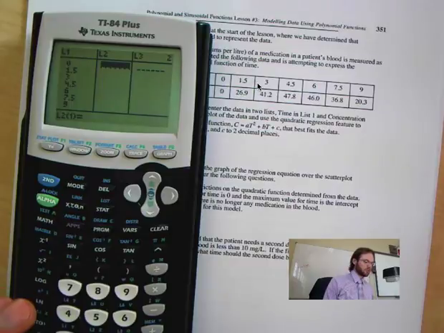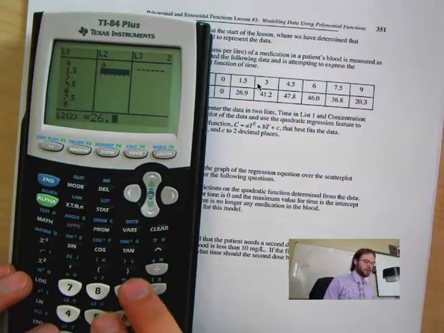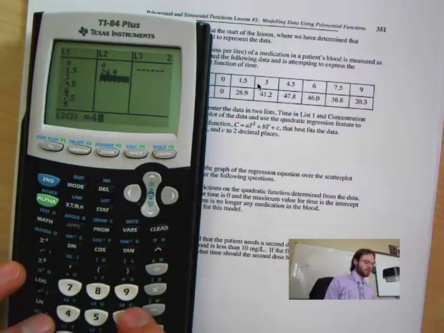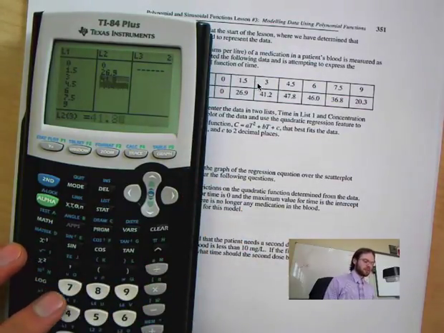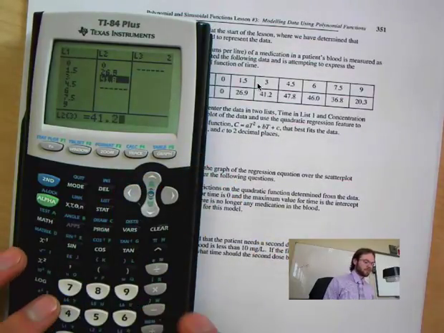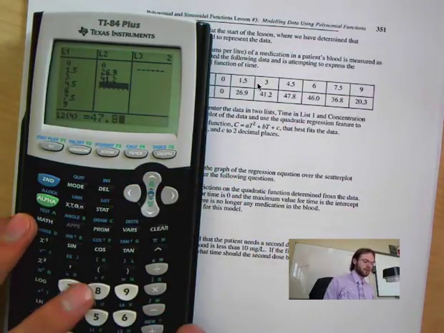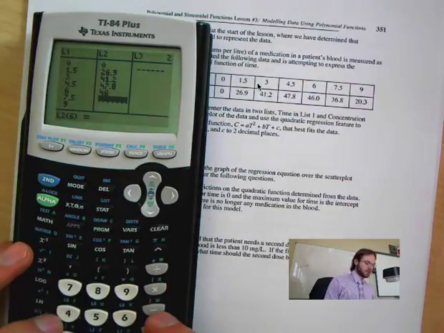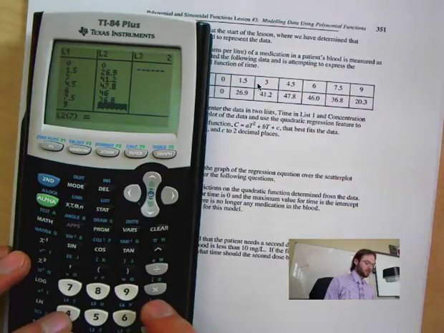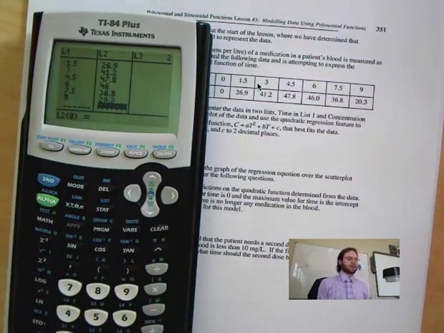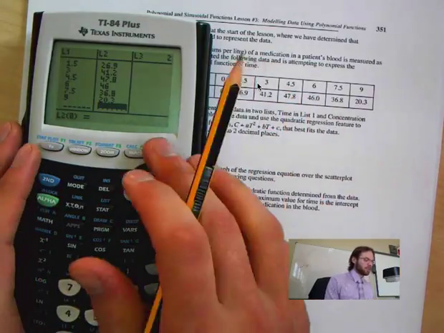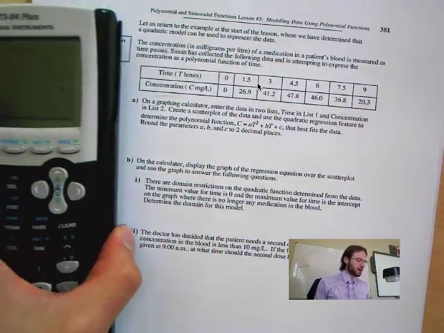Now my y values are 0, 26.9, enter, 40, 41.8, 41.2, 47.8, 46, 36.8, and 20.3. So same thing. It's kind of like what we did before. It was already in there. And my x and y are going to be the same. I graph it. I get a graph that looks like that.